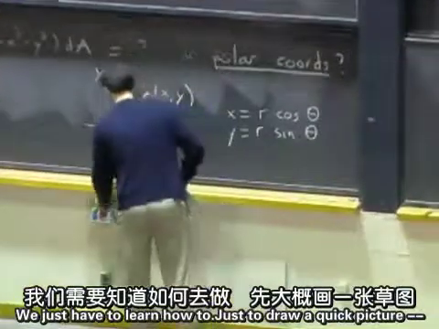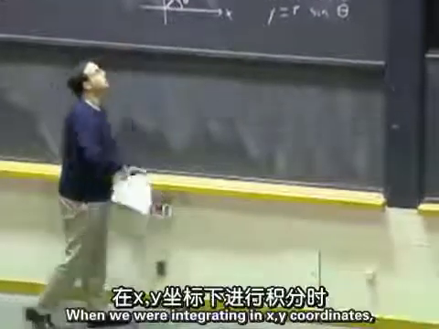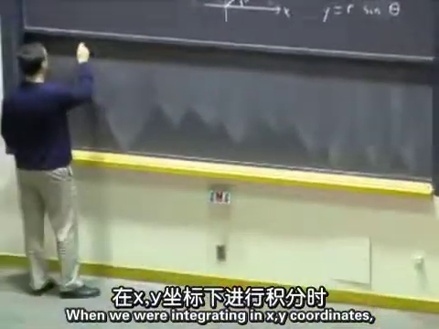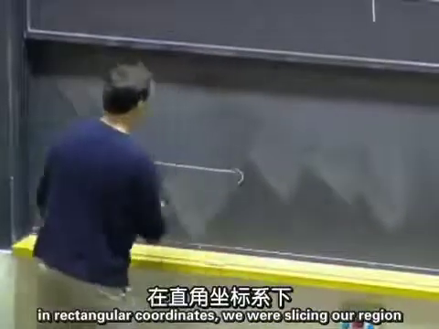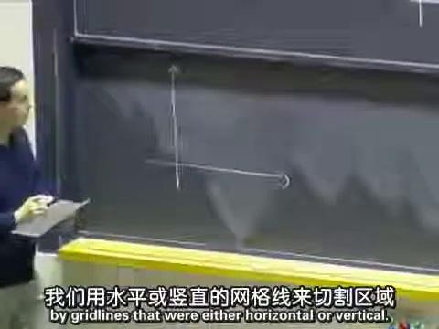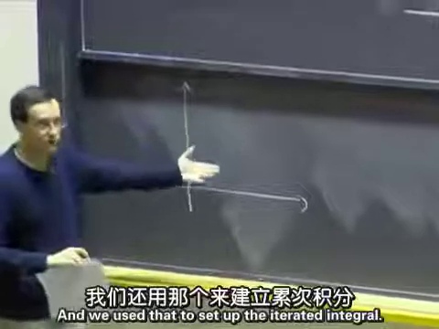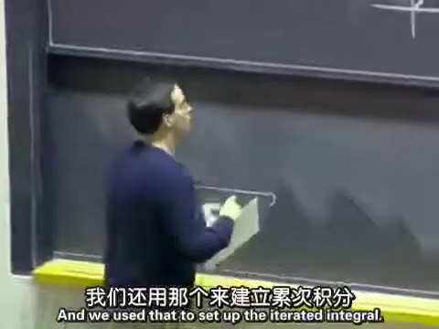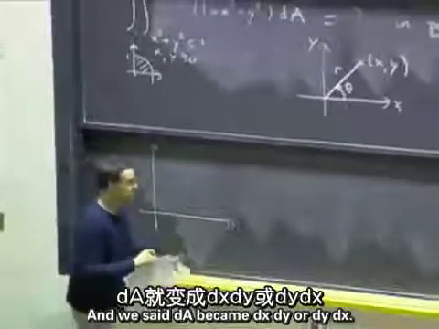Okay, so just to draw a quick picture, when we were integrating in xy coordinates, in rectangular coordinates, we were slicing our region by grid lines that were either horizontal or vertical, and we used that to set up the iterated integral. And we said dA became dx dy or dy dx.